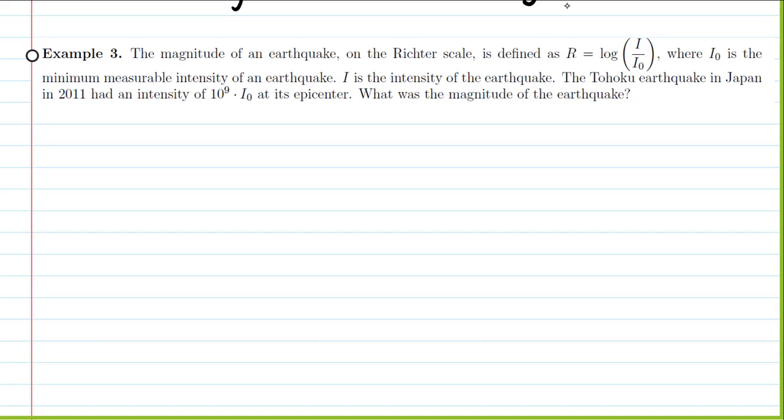The Tohoku earthquake in Japan in 2011 had an intensity of 10 to the 9th times I naught at its epicenter. What was the magnitude of the earthquake?